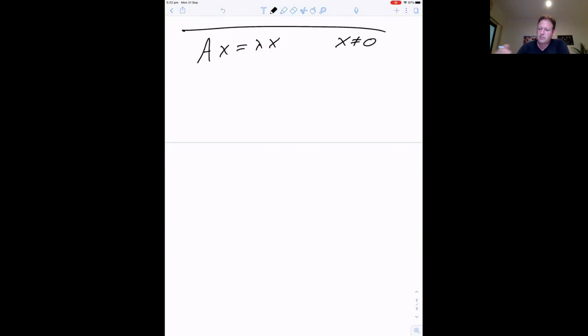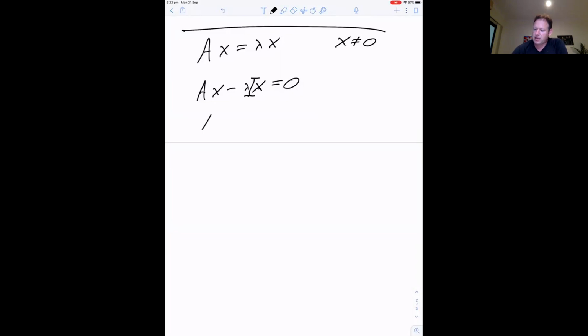Okay. All right. So what you can do is, of course, Ax minus lambda x equals 0. This 0 here is a vector. And you can also stick an I here. Why not? Because you can always stick an identity matrix to multiply a vector.